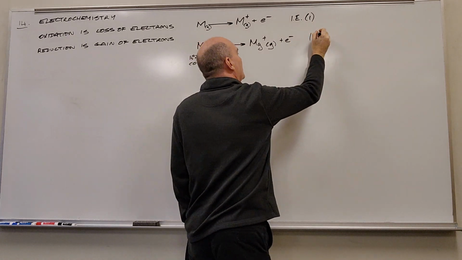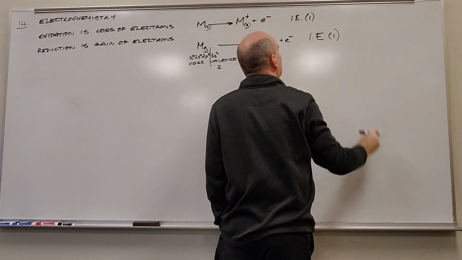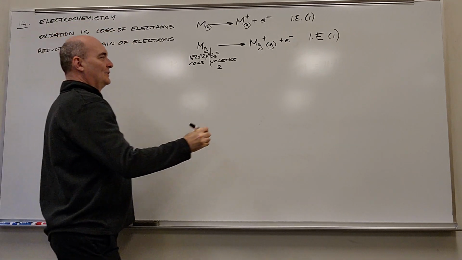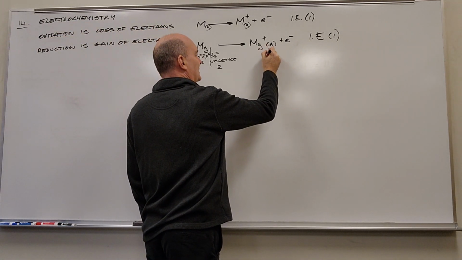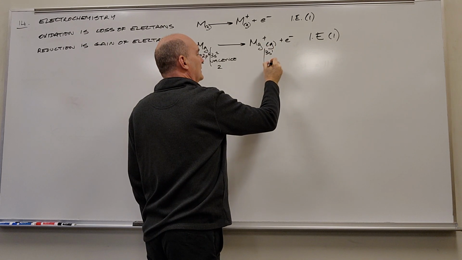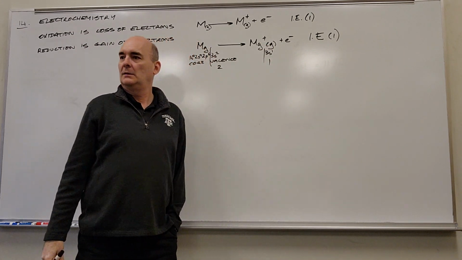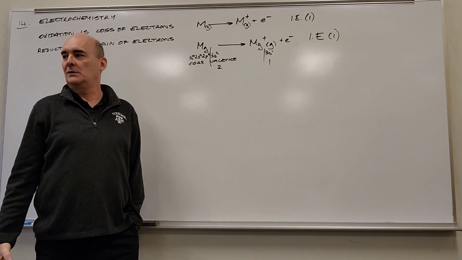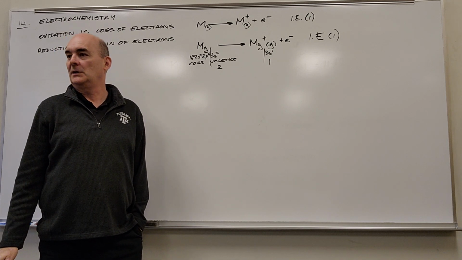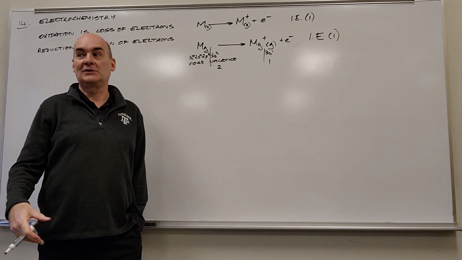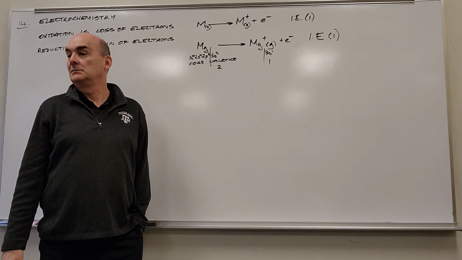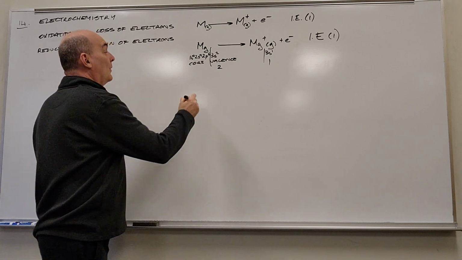Okay, this gets to be ionization energy number 1, but that doesn't do us any good because this is 3s1, has a valency of 1, and that's not even remotely close to what we taught you in general chemistry. Just lose some of your valence electrons? No, you need to lose them all.